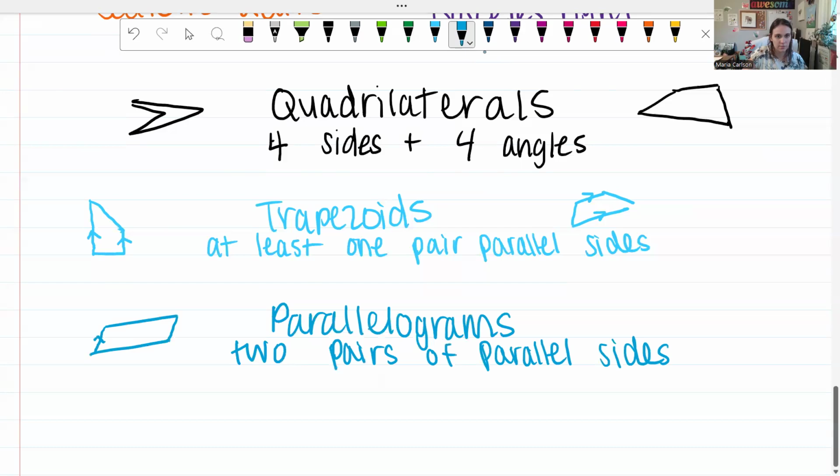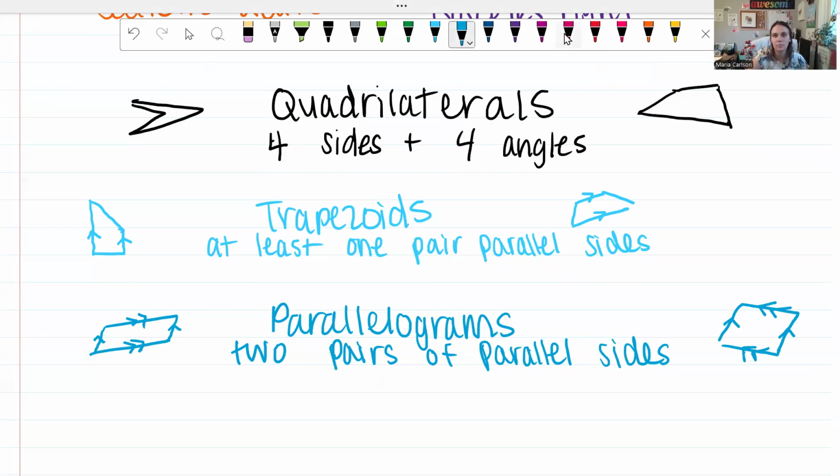And these two opposite sides are parallel, and then these two opposite sides run parallel to each other. Or maybe we have something kind of like this. And these two sides are parallel, and these two sides are parallel. So those are our parallelograms.